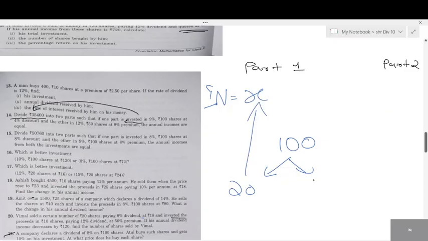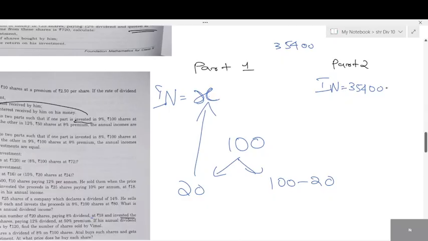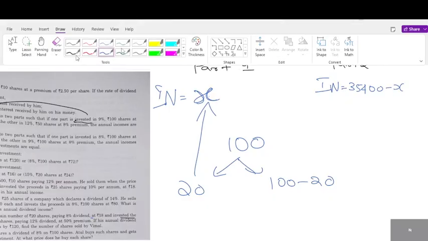How do you get that 80? 100 minus 20. So here use the same concept. If in part 1 it is X, in part 2 what is the overall value? 35,400, right? Yes. What is the investment for part 2? 35,400 minus X. First part. This is the first concept.